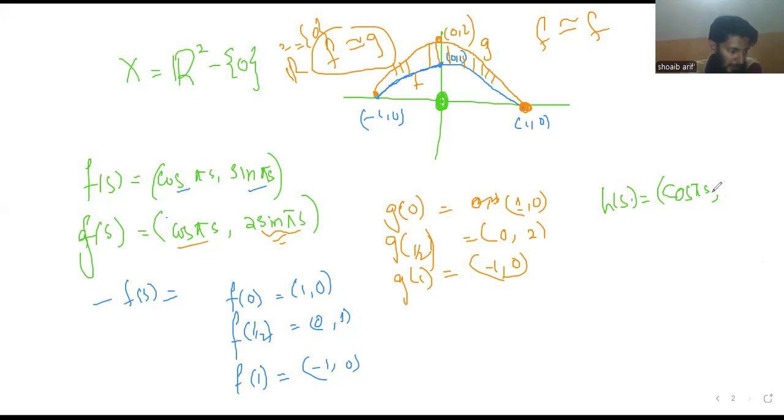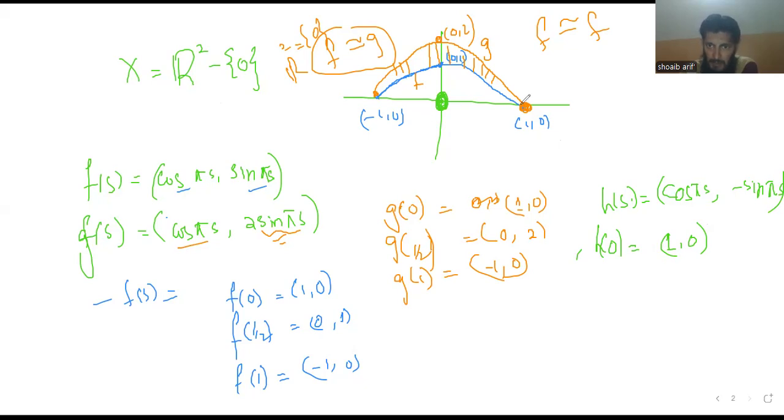This path is defined as cos pi s comma minus sin pi s. So let's say s is equal to 0. So h of 0 is equal to cos of 0 and minus sin of 0. Cos of 0 is equal to 1 and sin of 0 is equal to 0, so we will get this point (1, 0).